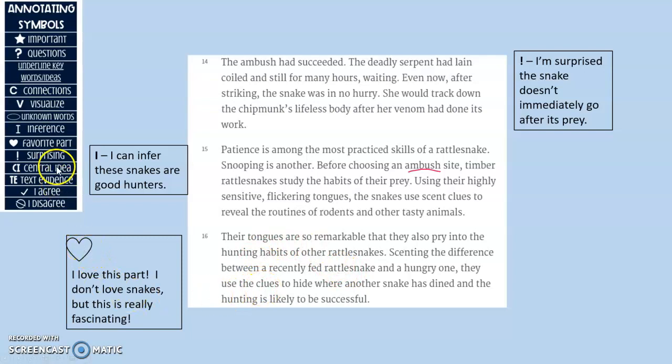So I marked it as my favorite part on this page because I learned something new and fascinating, that they will actually use scents of other rattlesnakes that have eaten to find a spot where they might be able to find an easy meal. So the heart is going to mean several different things to you, and is, of course, going to depend on what kind of text you're reading.